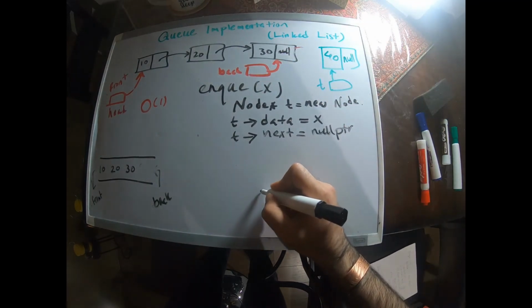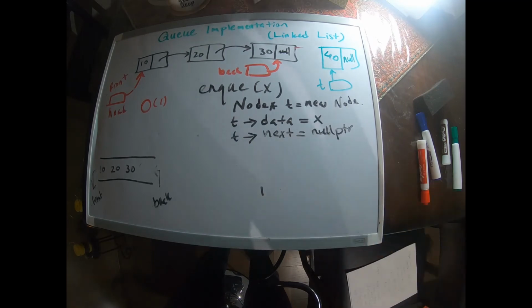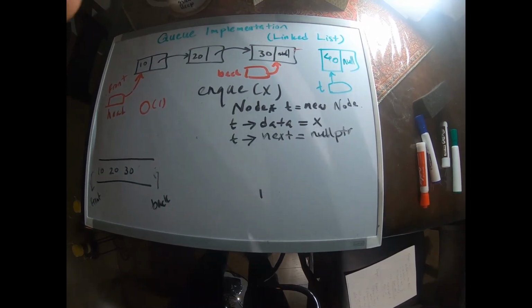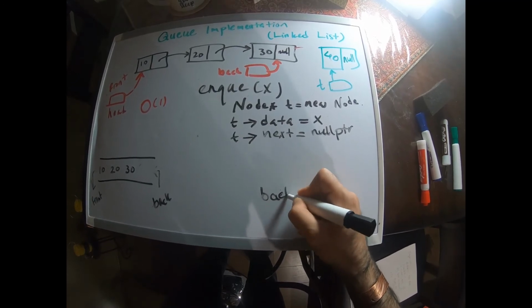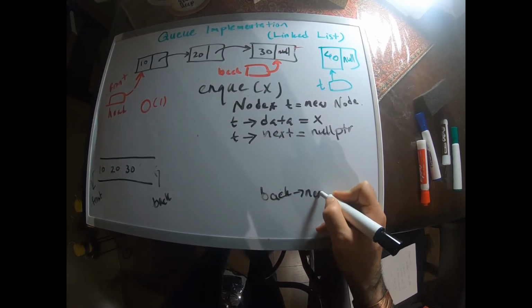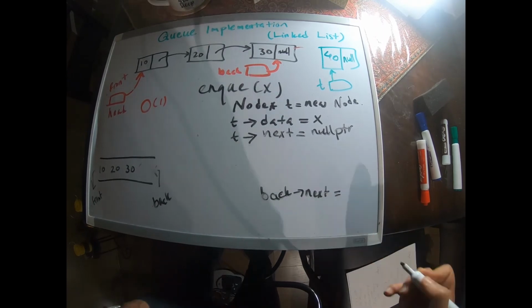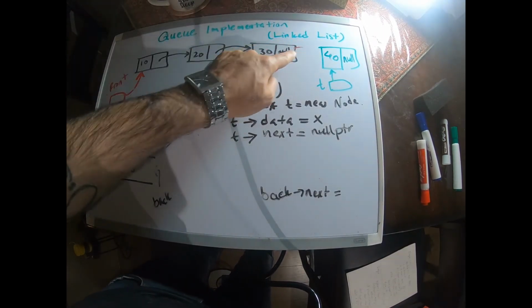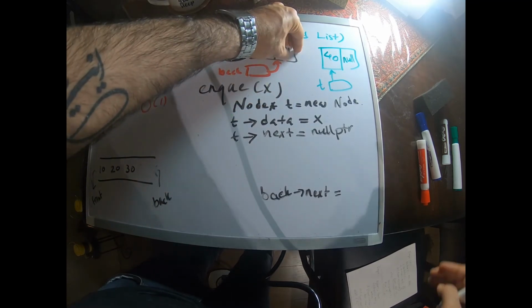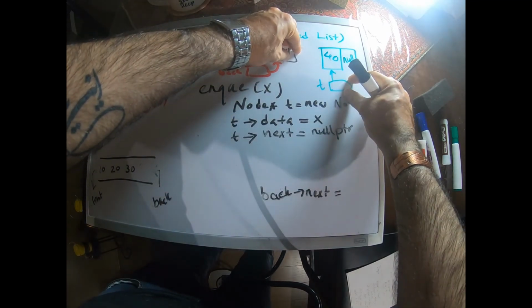I'm going to write it here. Let's see if you guys can see the whole thing. So I'm going to say back arrow next is equal to, what should I write here? If I want to make this pointer point to this node, I want it to point to the same place that t is pointing to.